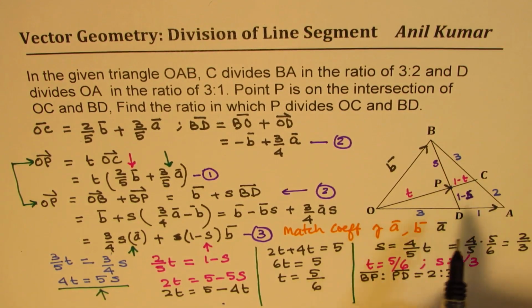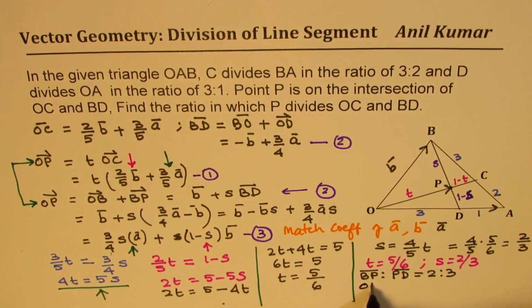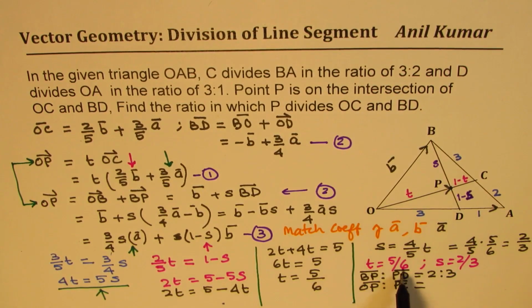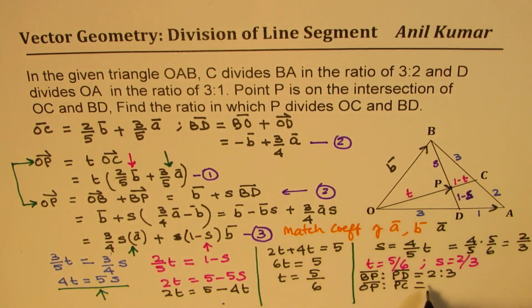The other one, which is OP to PC, is what? T is 5 over 6. So out of 6 equal divisions, 5 is this. So it is 5:1. You get an idea, right? So that is what the answer should be.